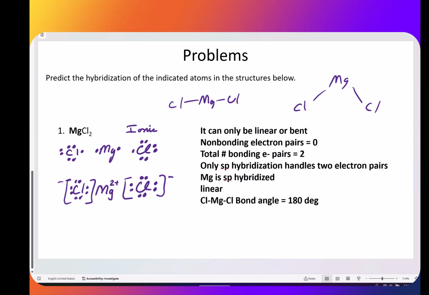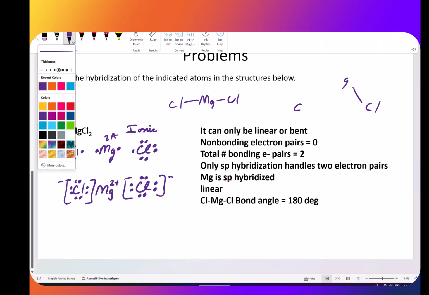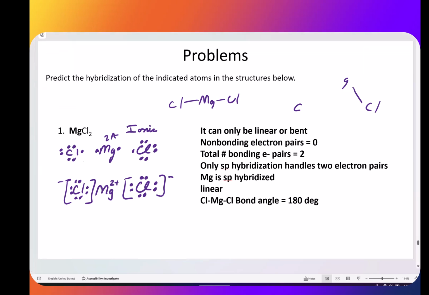So we go to the group numbers for these elements. Magnesium is group 2A, with two valence electrons that form bonds, and chlorine, a halogen, has 7 valence electrons. In this particular case, because this is going to be an ionic bond, the magnesium is going to transfer its electron to a chlorine, and that's actually going to happen twice.